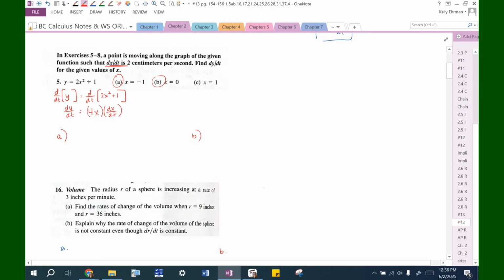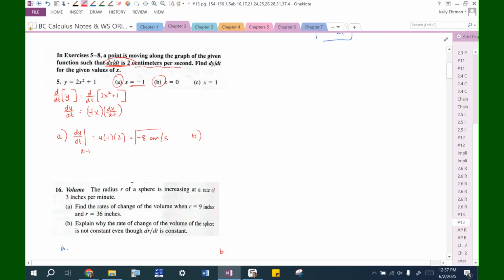And then remember, we know dx/dt is 2 for these two problems, and x equals negative 1. So dy/dt evaluated when x equals negative 1 is equal to 4 times negative 1 times 2. And so that's equal to negative 8. I'm going to put a label on this because dx/dt is centimeters per second.